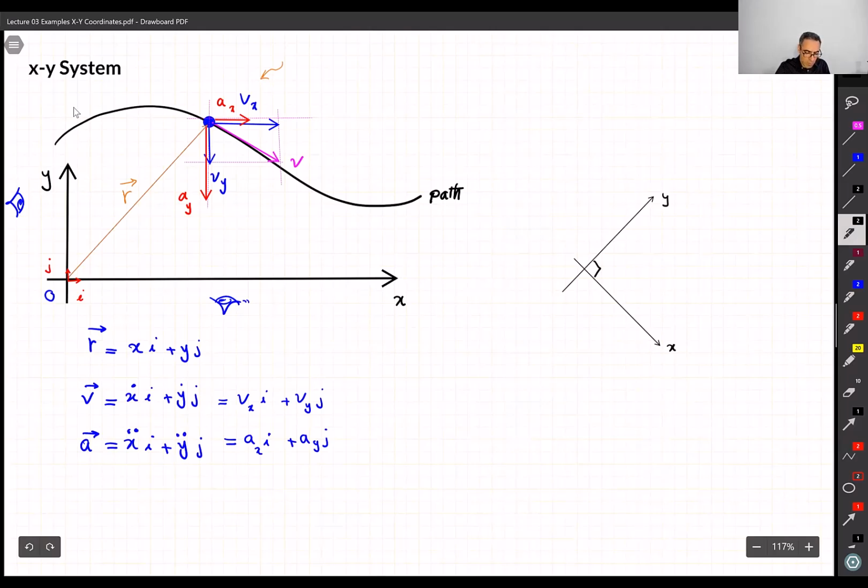All right. With X and Y, for simplicity, we set some unit vectors. We call this one i and we call this one j. We call them unit vectors. What does it mean?